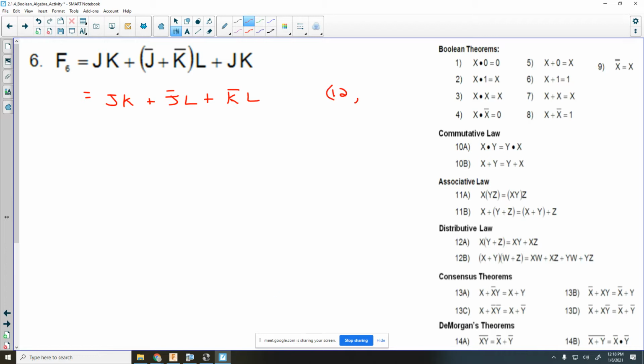And then combining JK or JK, that's rule number, or what? Rule number 7. Okay, and again, once we get through this a little bit further, I'm not going to make you write the number for the rules. You just have to be detailed and show what we're doing.